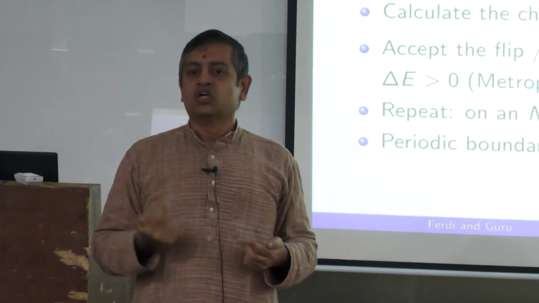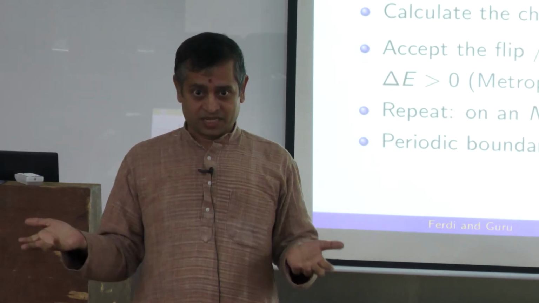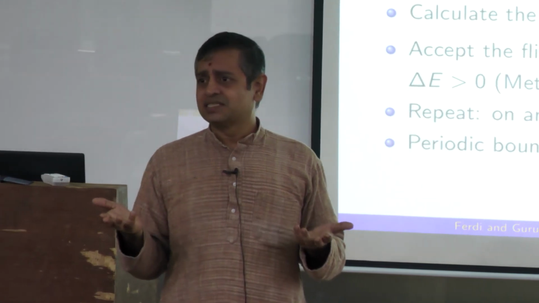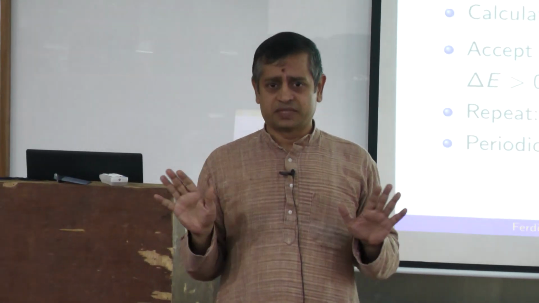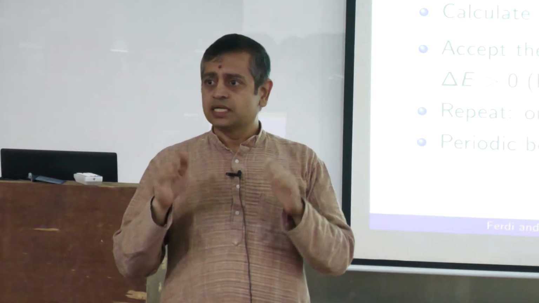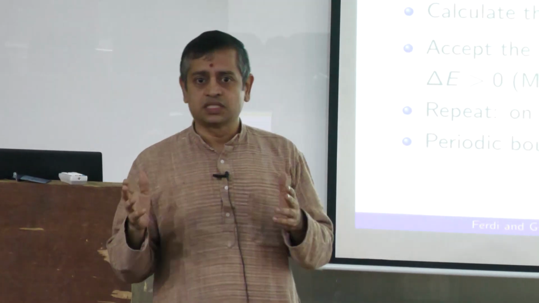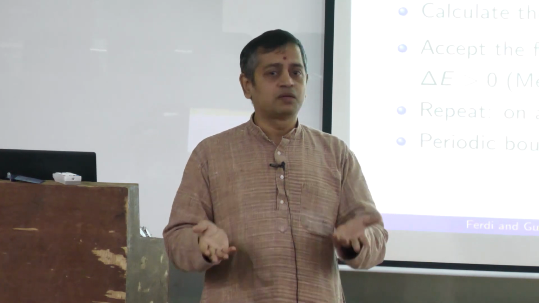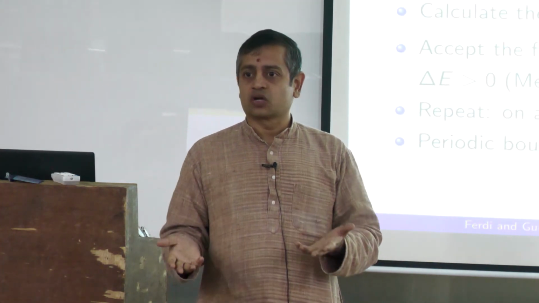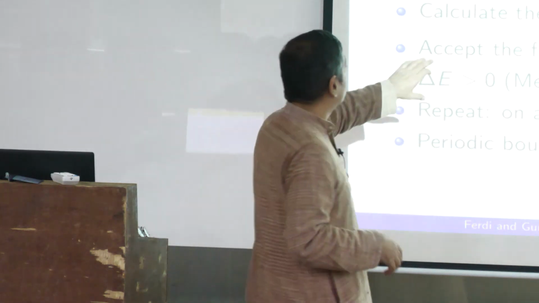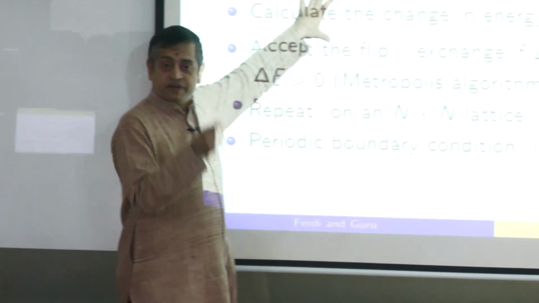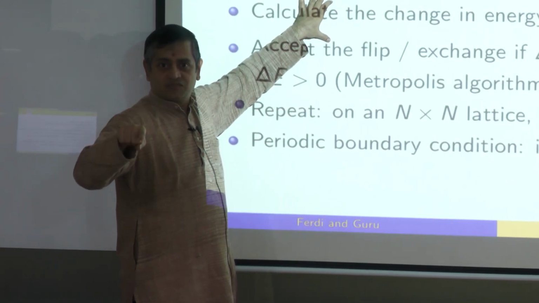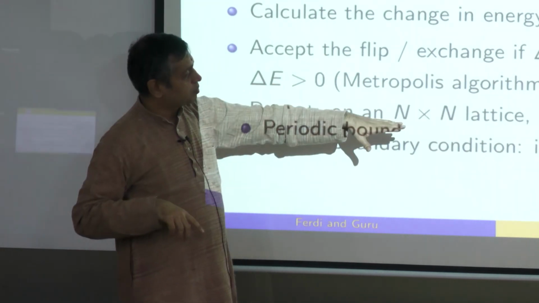So, if you say 10 Monte Carlo steps, on the average every site would have been sampled 10 times. Typically the measure is given in terms of Monte Carlo steps, so we will say 100 Monte Carlo steps, 200 Monte Carlo steps. That does not mean that we did it only 200 times, but we did it 200 times the system size.